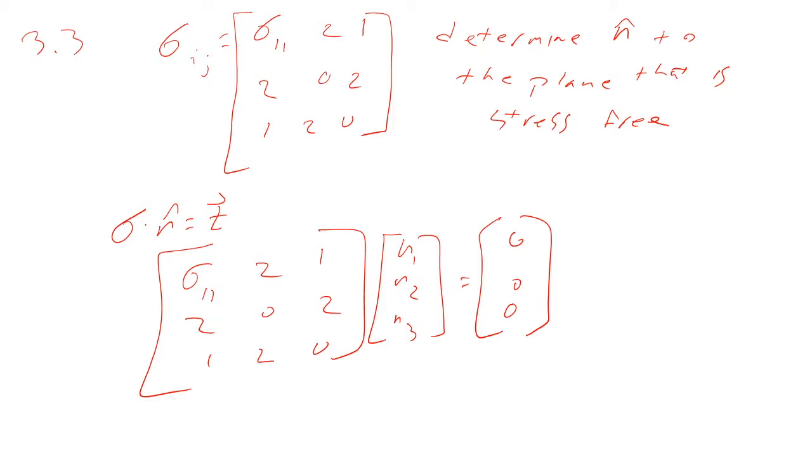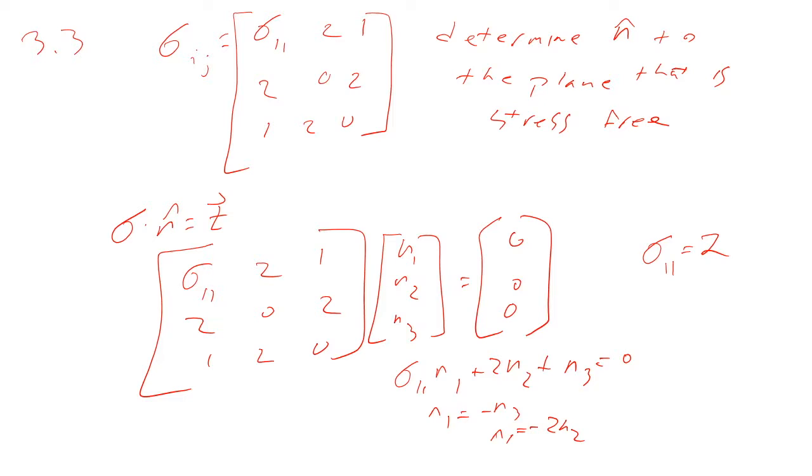So if we multiply this out, we have sigma 1,1 n1 plus 2 n2 plus n3 equals 0. n1 equals minus n3. n1 equals minus 2 n2. So that gives us that we can solve this for sigma 1,1, and we get sigma 1,1 equals 2.